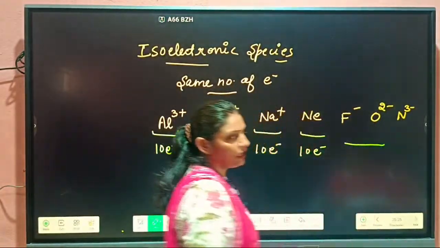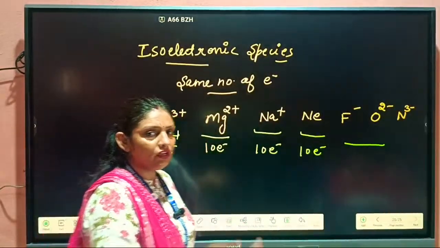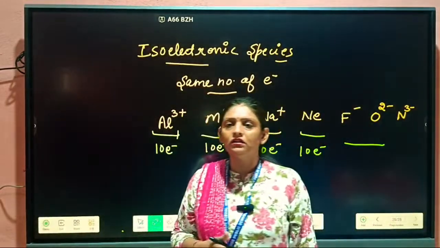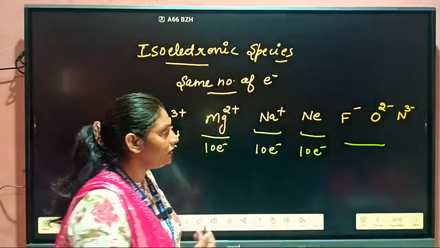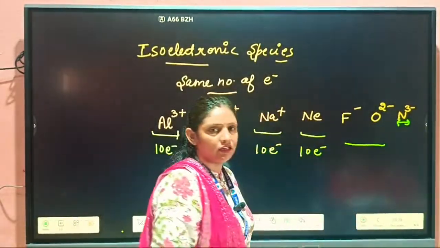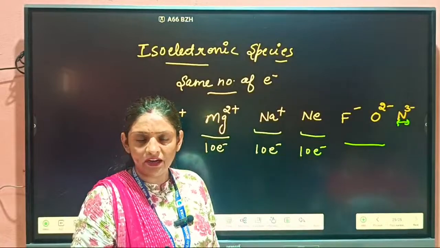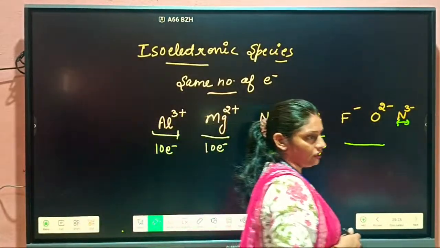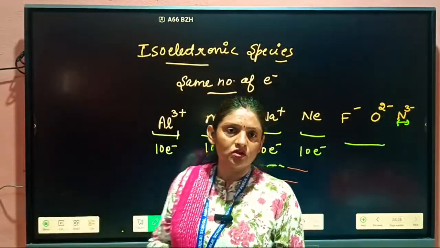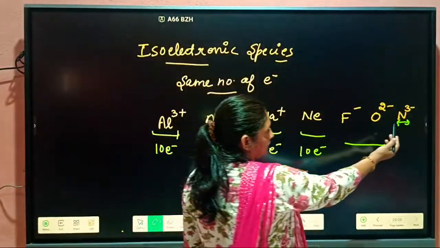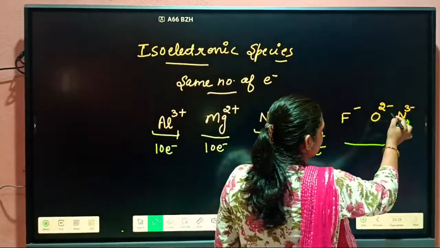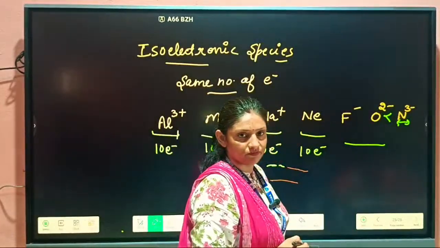All have 10 electrons. So how can we arrange them according to their size? Here the anion will have the greatest size, and the one with more negative charge will have the greatest size. So these are the anions, and this has 3 negative charge, so its size will be the greatest.